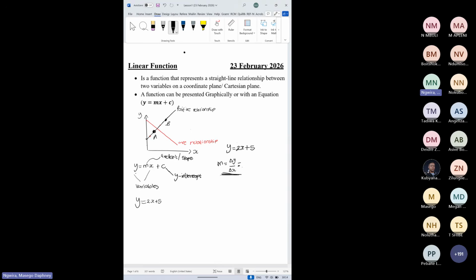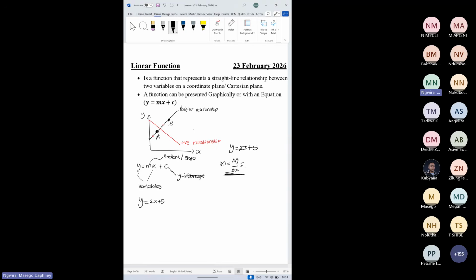The pointer? It's perfect. Okay, thank you. So as I was saying, if I'm given y is equal to 2x plus 5, then this will be my y-intercept, and the 2 will be my slope or the gradient. It means that if I have to move from point A to point B, I'm going to move 2 units.